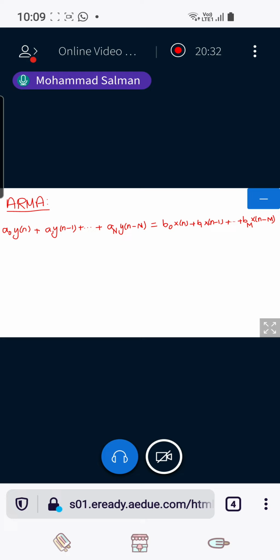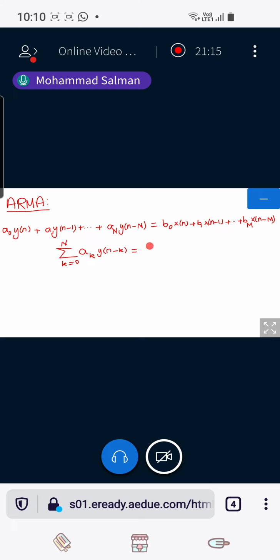Okay. Now let's be more professional. Let's write this equation as a summation. So this can be written as the summation of a sub k, where k goes from 0 to capital N, of y of n minus k. So 0, 1, 2, 3, 4, 5, 6, up to capital N, right?